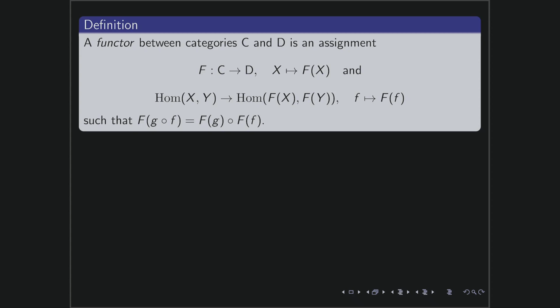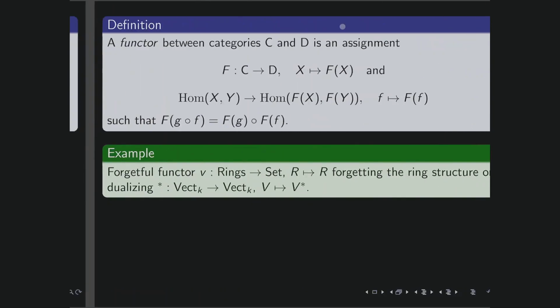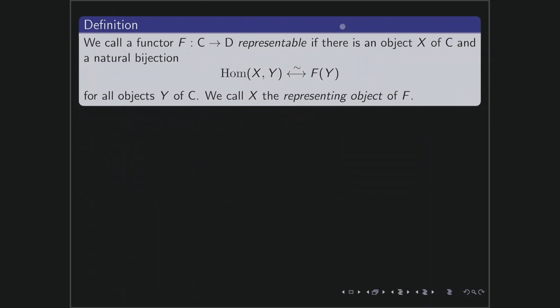Representable is a term that will appear a lot in category theory, and what it basically means is that we call a functor representable if I find an element of my domain such that I have a natural isomorphism between the homomorphism set and the image that I have here. It's kind of a mouthful to take in the beginning.